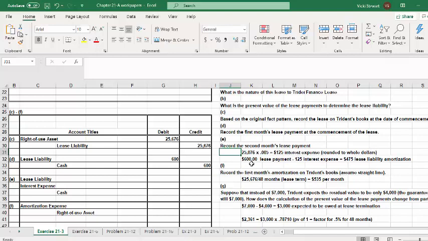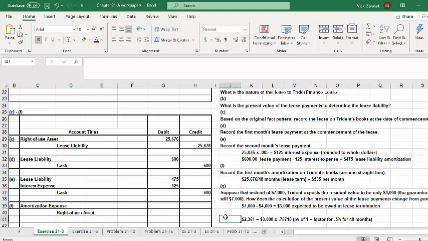The total payment is $600. So subtracting the interest expense gives us $475 that would be debited to the lease liability. And of course there would be an amortization schedule. We just aren't required to show that for this problem. So we would debit lease liability for $475. We would debit interest expense for $125 and credit cash for $600.